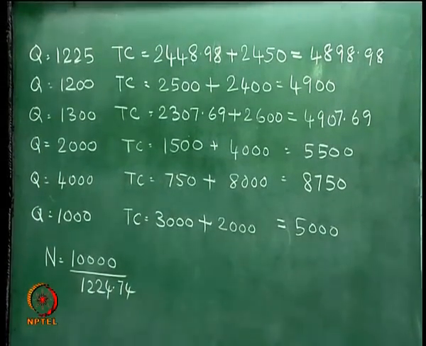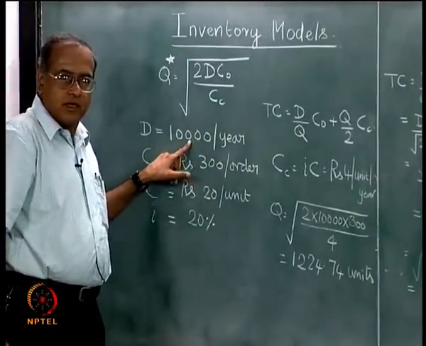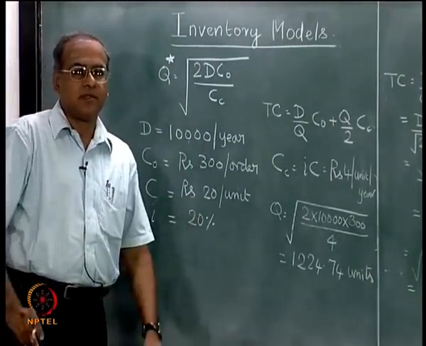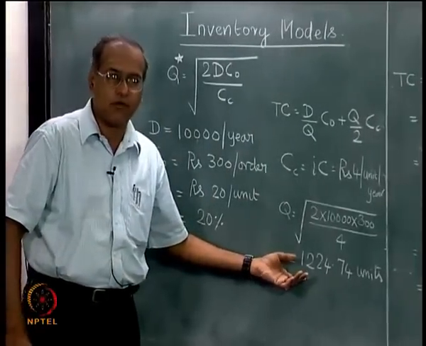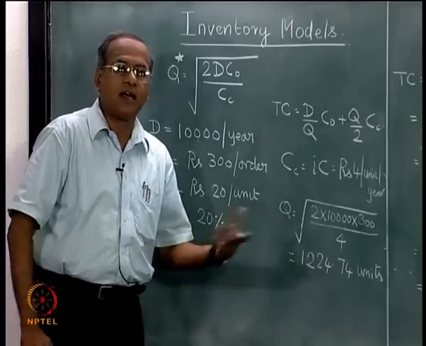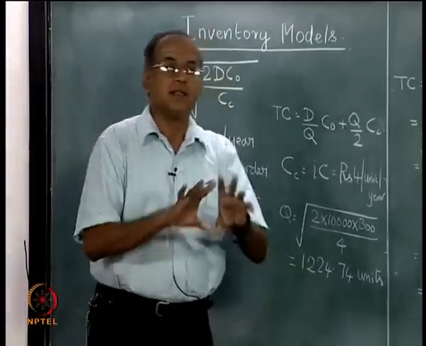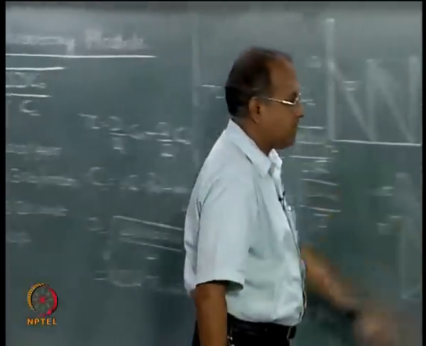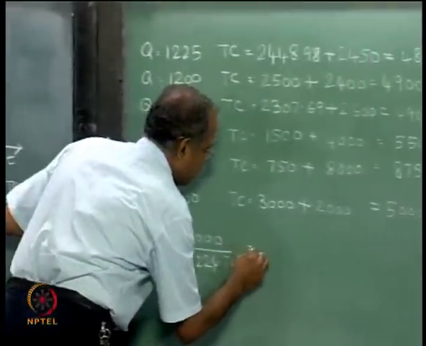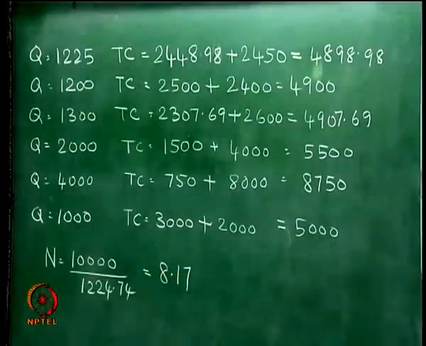This 10,000 is the annual demand which is shown here. So I have a demand of 10,000. Every time I place an order, I order 1224.74. Therefore I have 10,000 divided by 1224.74 orders per year. On simplification this gives us something like 8.17 orders per year.